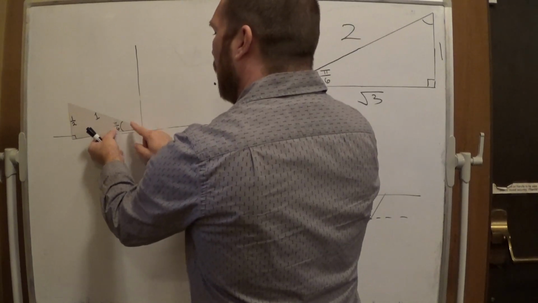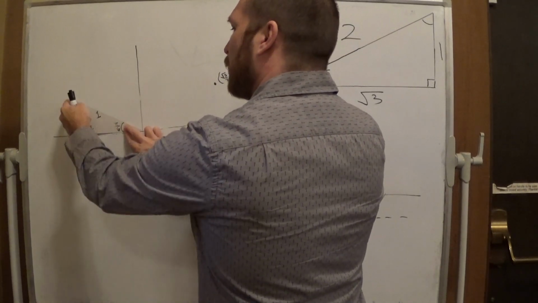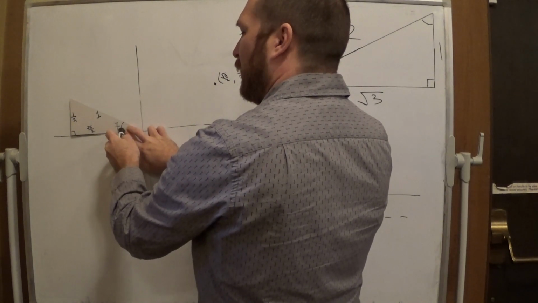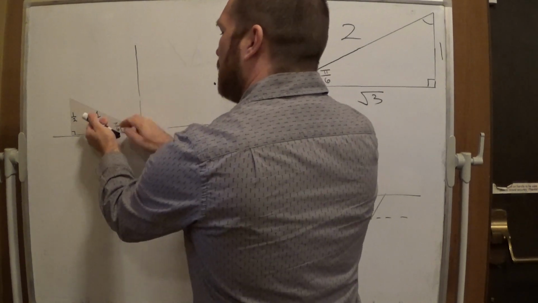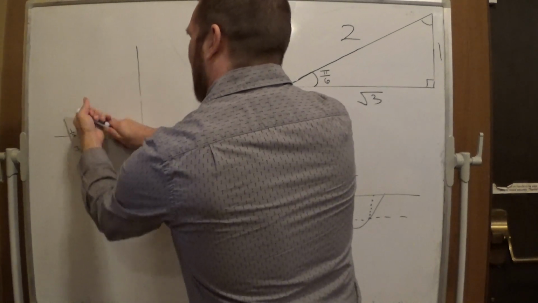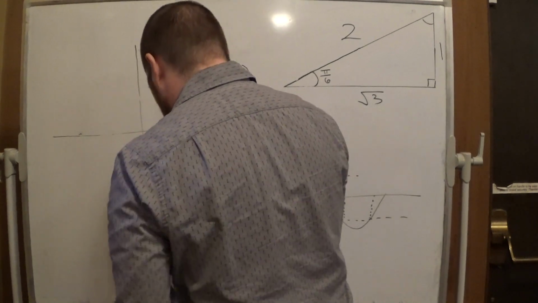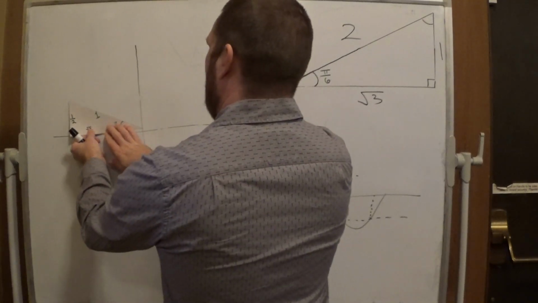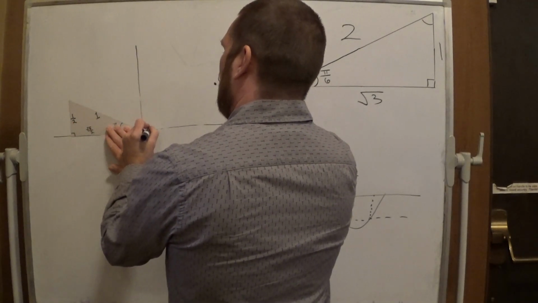And so, if you know that the height is 1/2 like this, then I know that that angle right there has to be pi over 6. So that makes this angle what?